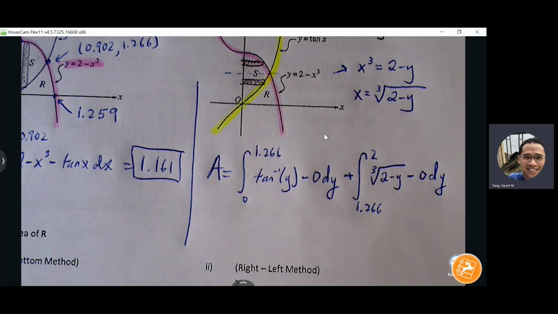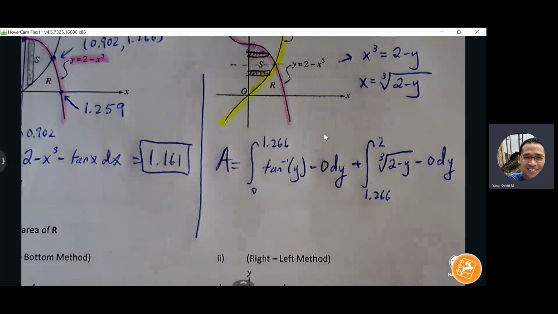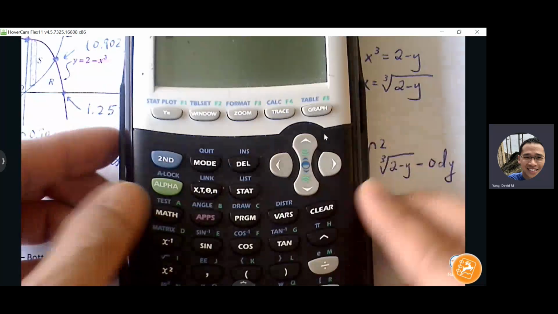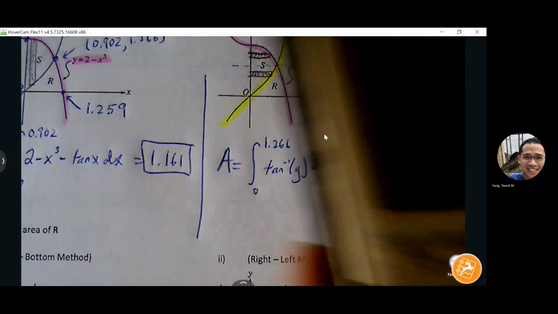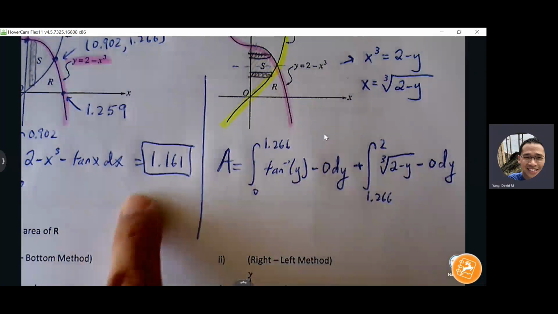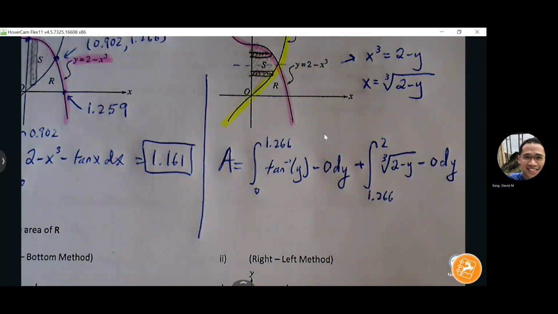I think this one is easier for you to just type everything in. I don't think it's worth the trouble to graph it. So we're just going to type everything in, starting with math 9. And we should get the same answer as part A, right? Because we're dealing with the same region here.